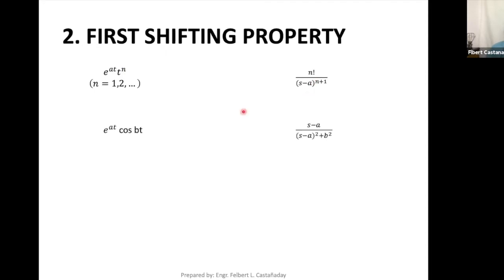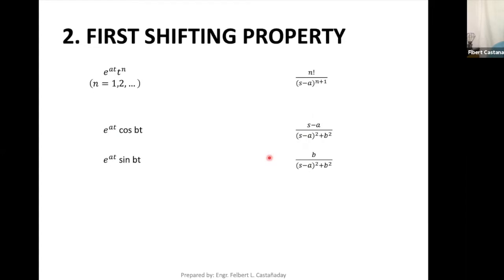The next one, if it's cosine bt, it will be equal to s over s squared plus b squared. But since we have e raised to at multiplied to this function, that s will become s minus a in the denominator as well. So you have s minus a squared.